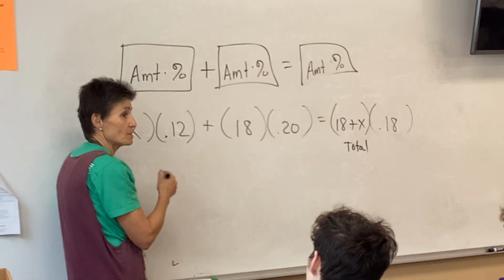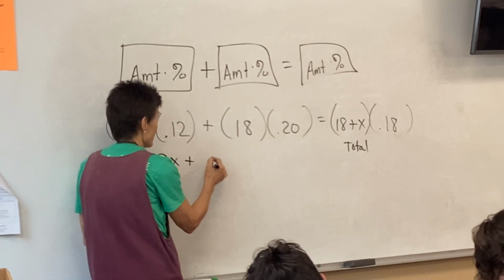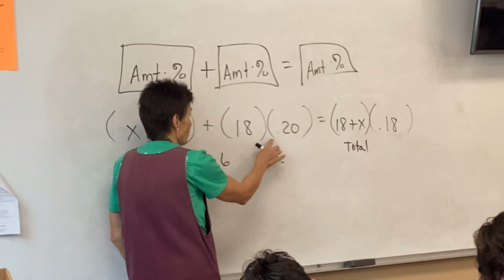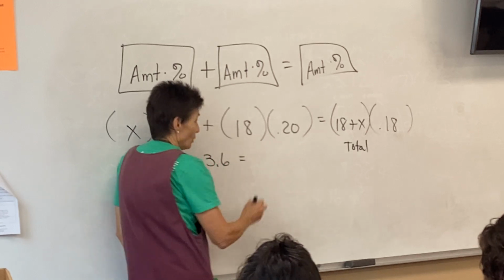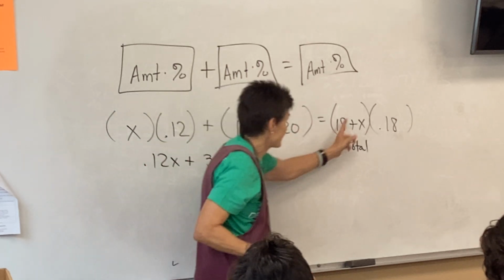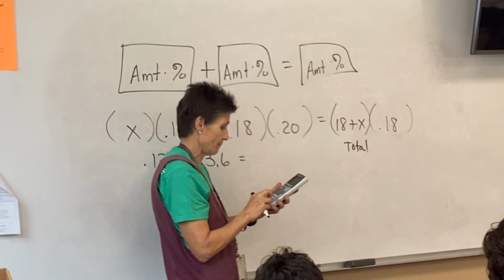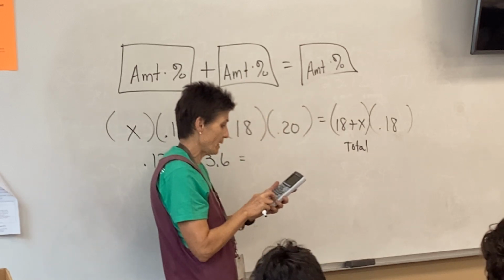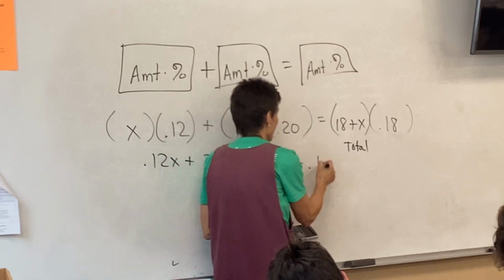Now I have an equation to solve. 0.12X plus 3.6, this is a multiplication, multiplying together, equals, this is a distribute, I'm gonna use my calculator, 18 times 0.18, 3.24 plus 0.18X.